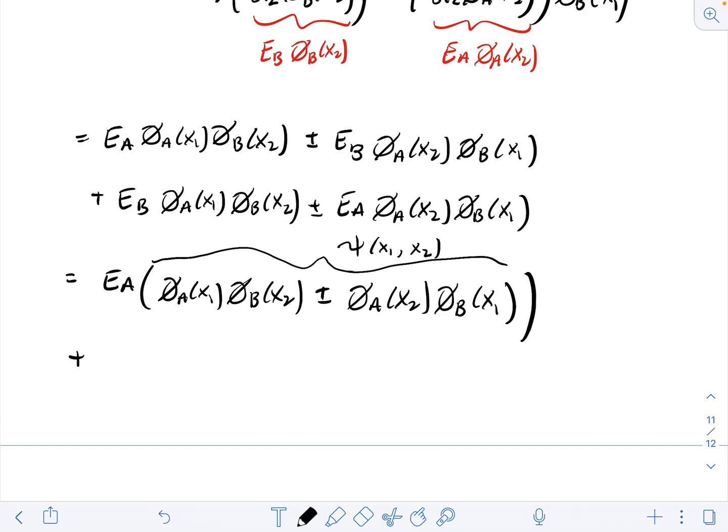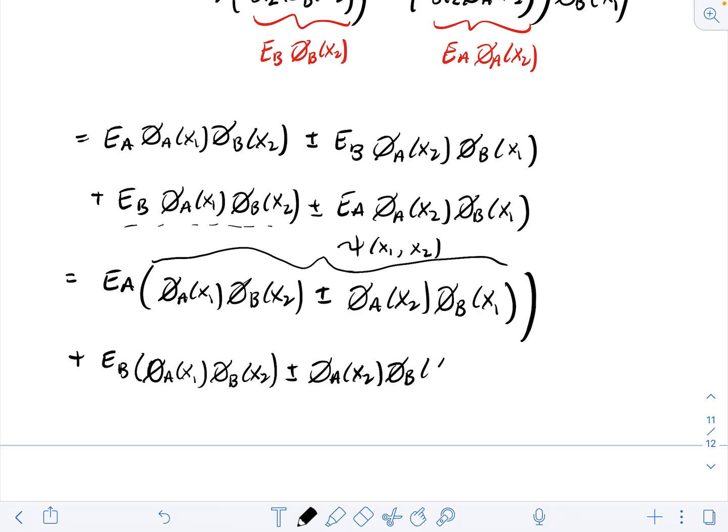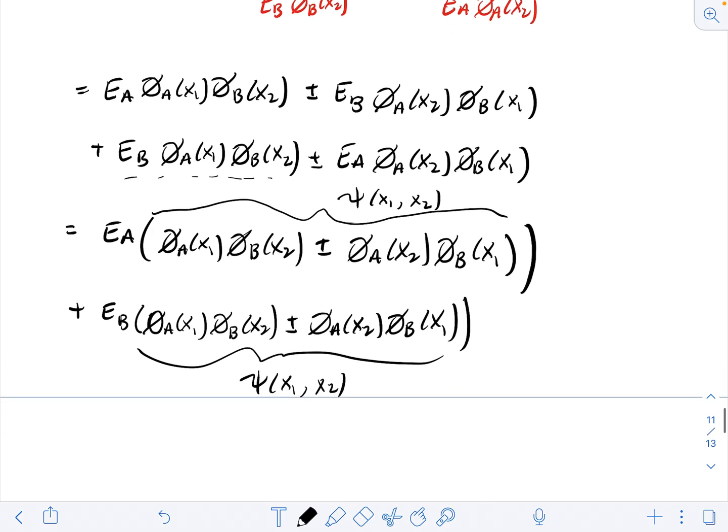Okay, we still have the EB to do. EB, let's write the second EB term first. Phi a x1 phi b x2, and then the first EB term has a plus or minus in front, and it's phi a x2 phi b x1, and this is also the same trial wave function.